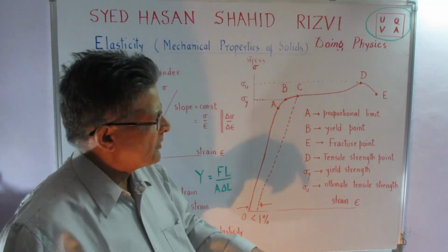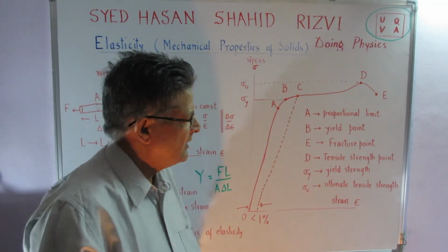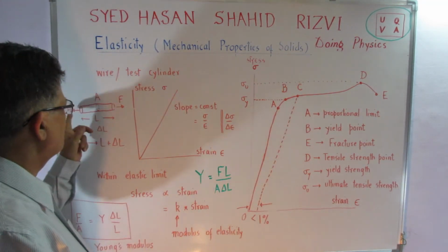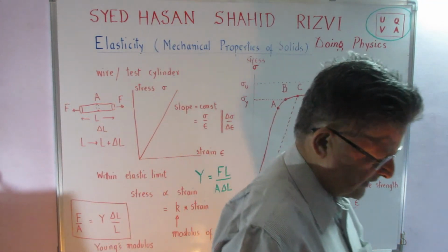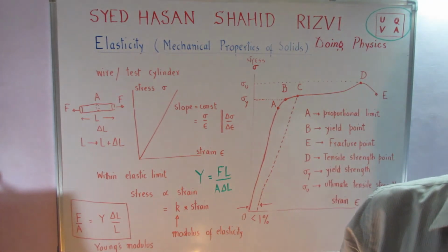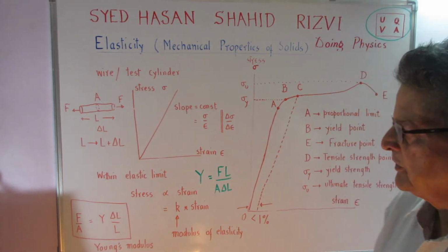At the fracture point, the wire or the cylinder will give way. So it is fractured.